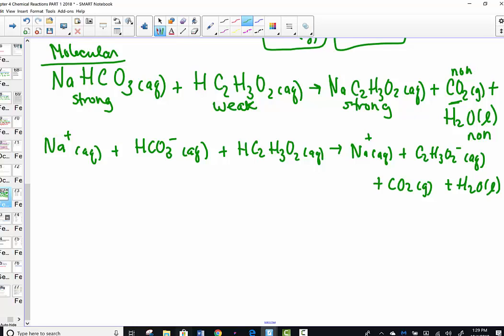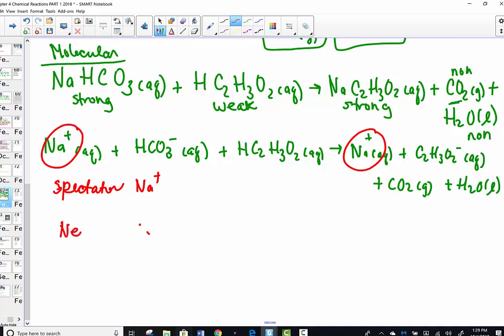I broke apart the strong electrolytes and asked you which one of those, if any, do you see are called spectator ions. Which ions are only there to neutralize charge but did not partake in a chemical change? I see sodium. And that's it. The spectator ion is simply the sodium ion.